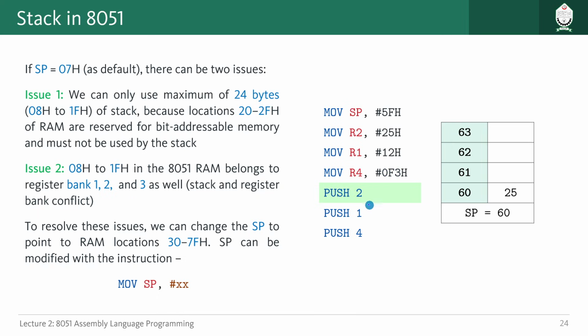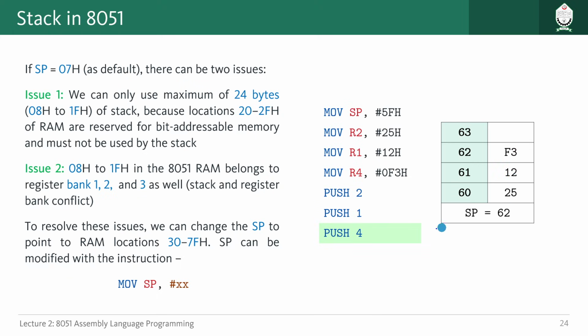The first push is coming from R2, and the R2 value is 25. You see in the 60H location we have the 25 value, and the stack pointer has increased by 1, so now the value is 60. The next push is coming from R1, value is 12, so 12 is stored here, and SP has incremented by 1, to 61.